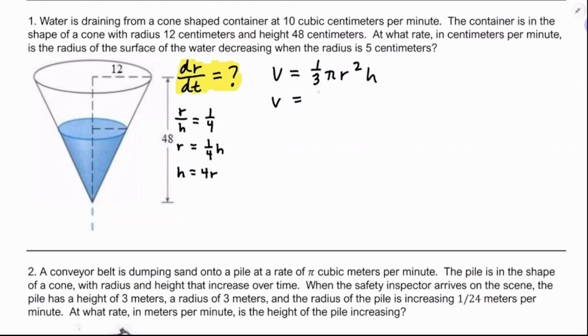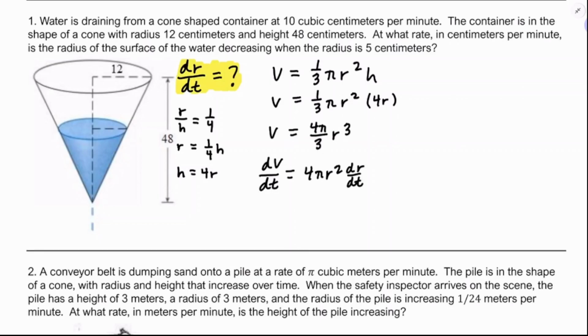I'm going to say V is 1/3 pi radius squared multiplied by height, which is 4r. And so if I put this all together, volume is 4 pi over 3 times radius cubed. And then if I take the derivative with respect to time, I'll have dV dt equaling 4 pi r squared dr dt.